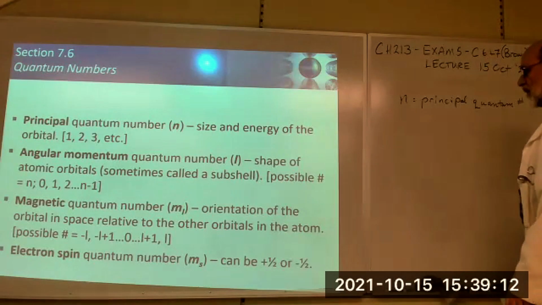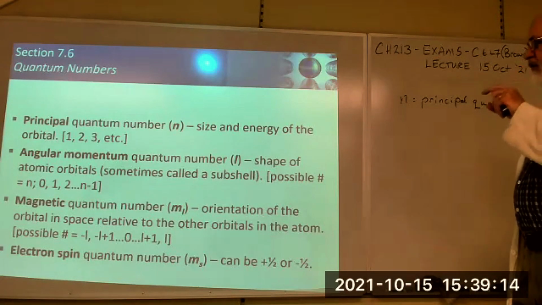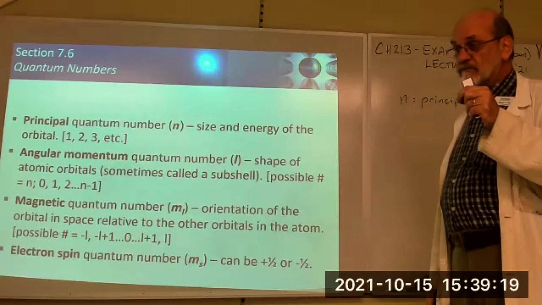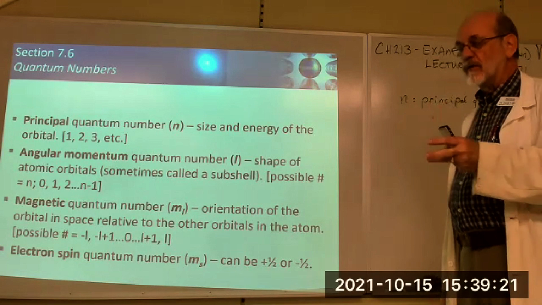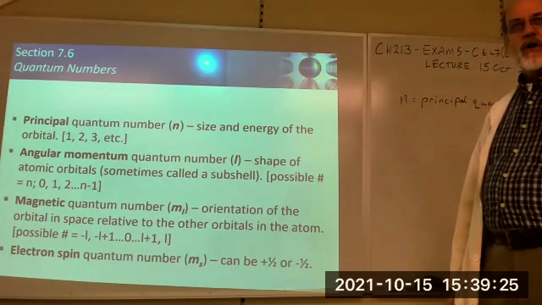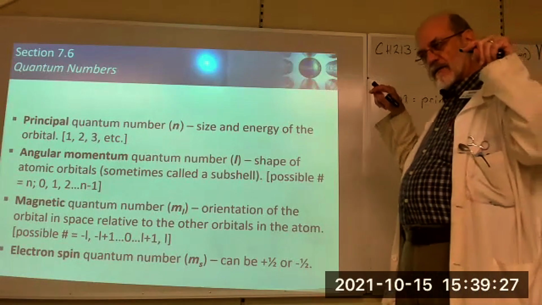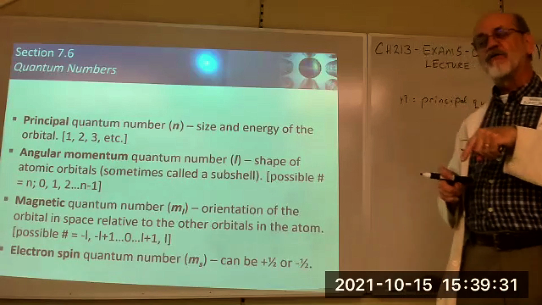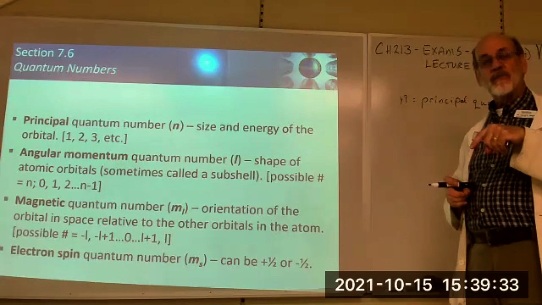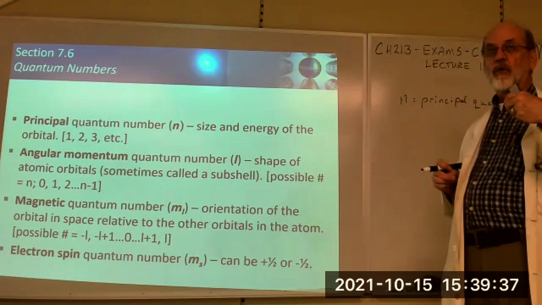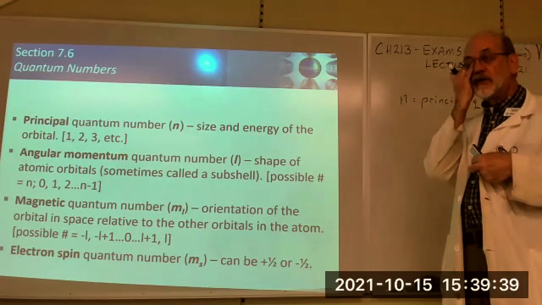In order to describe the energy, location, and shape of the orbital, you need 4 quantum numbers. These numbers fit in positions in mathematical formulas to describe the probabilities of energy and position for an electron.